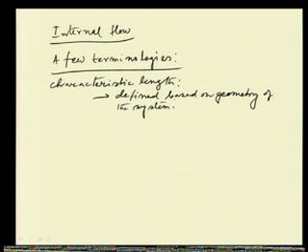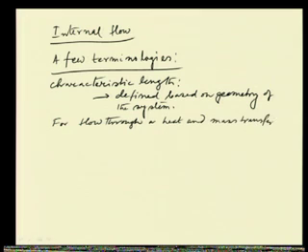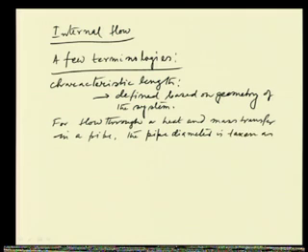If we take an example, for flow through a pipe, or heat and mass transfer in a pipe, the pipe diameter is taken as the characteristic length.